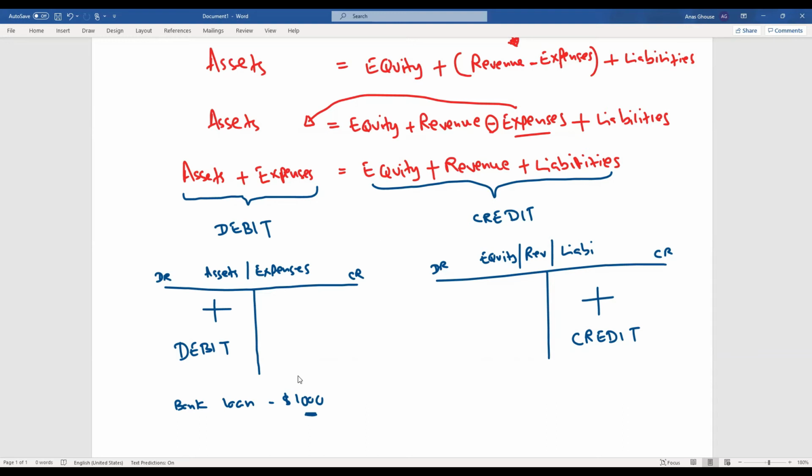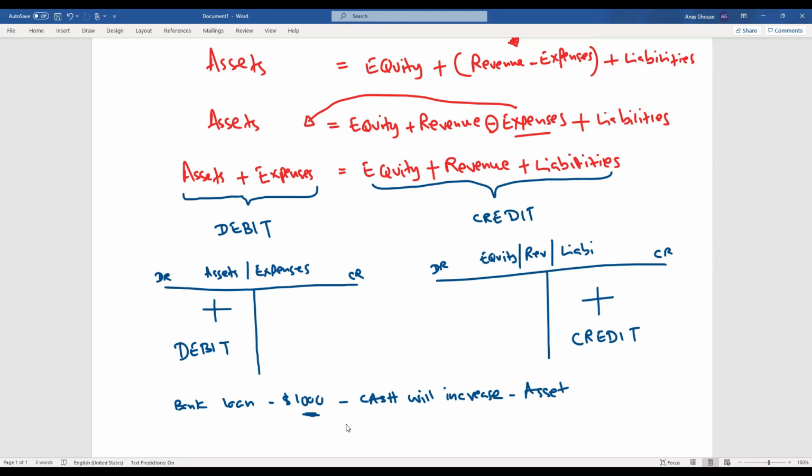Okay. So what will happen when you take a bank loan of 1,000? The cash balance will increase. Cash is an asset.